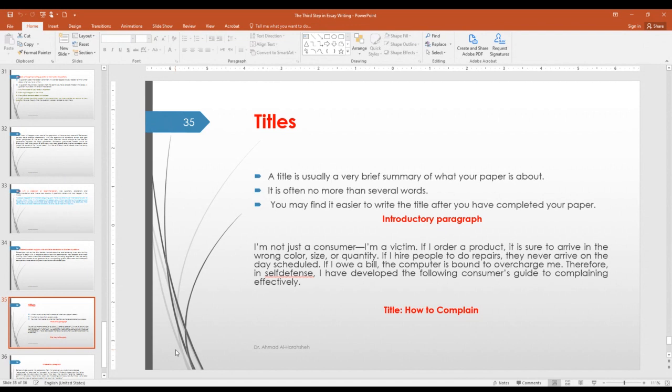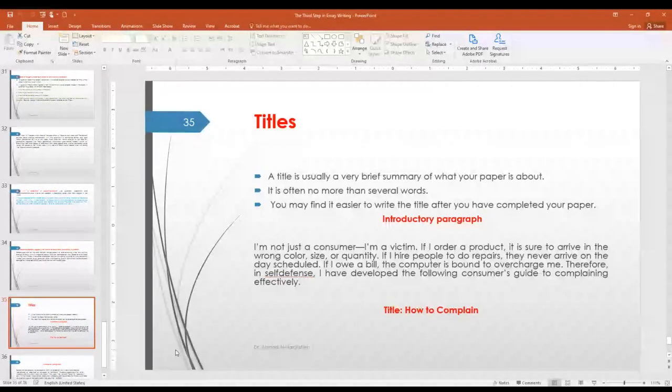Now, look at this example here. This is an introductory paragraph. I'm not just a consumer. I am a victim. If I order a product, it is sure to arrive in the wrong color, size, or quantity.